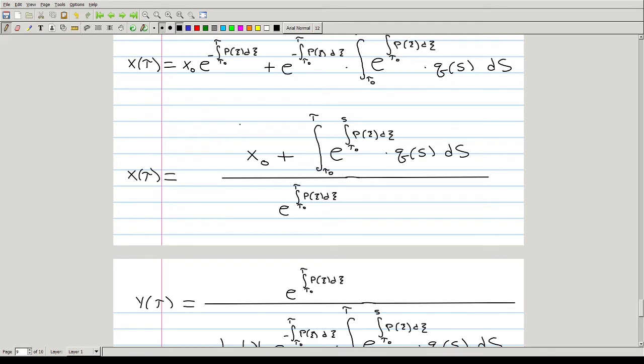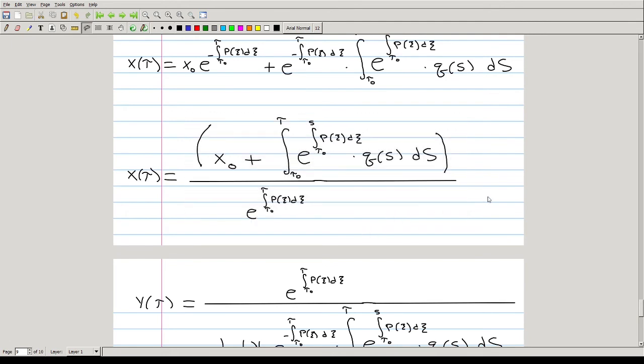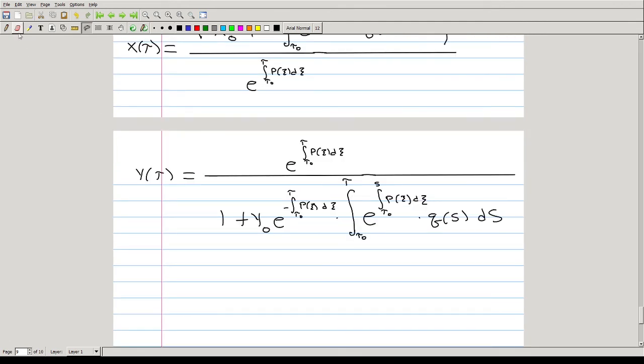I'll put parentheses around all of this just to indicate that it's this entire thing divided by this thing right here. And that also simplifies this down here as well.